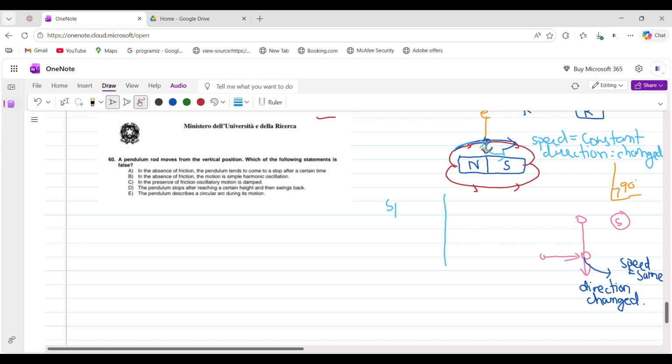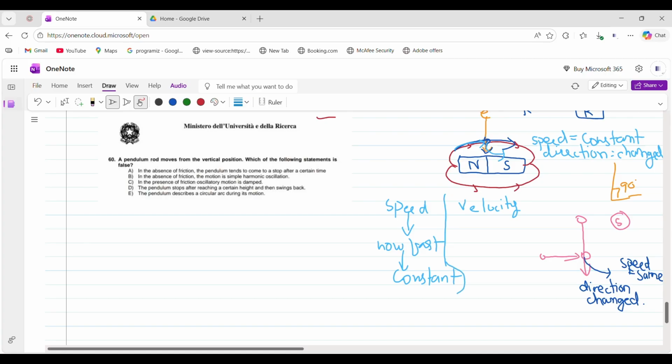So basically here we have speed and here I have velocity. Speed is just how fast you move, okay? Which is basically constant in our case.